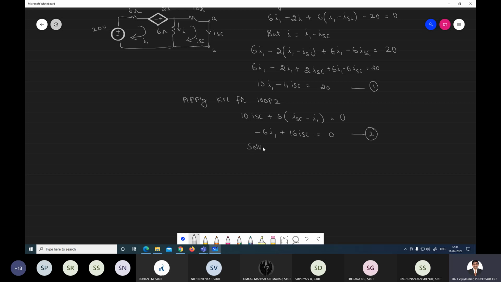Now if you solve equations 1 and 2, you'll get the ISC. What is ISC after solving this? Calculate. Sir, I1 is 1.17 and ISC is 0.44.